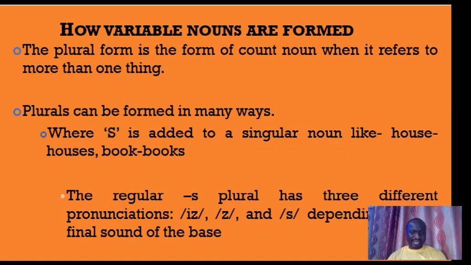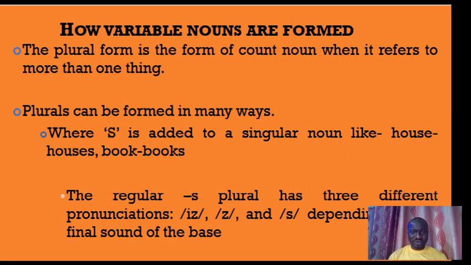The regular s, which is added to a singular word to make plural, has three different pronunciations. We have the iz sound, we have the z sound, and then we also have the s sound, depending on the final sound of the base.